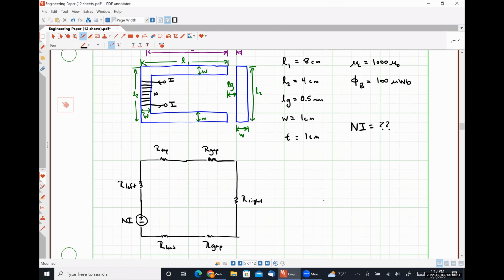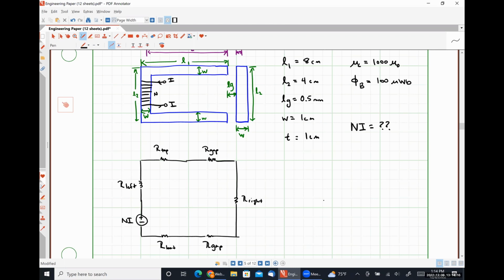Now, in the air gap, we will see that the flux will spread out some, so that the strength of the magnetic flux density is going to decrease, right? But the flux is going to remain constant throughout the circuit. Now, we are saying that because we are dealing with an idealized view of this.